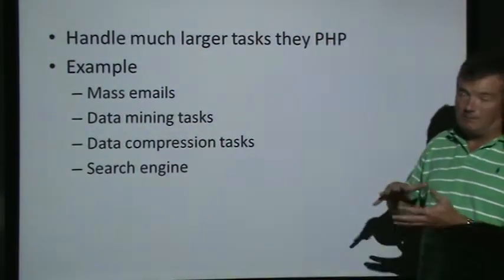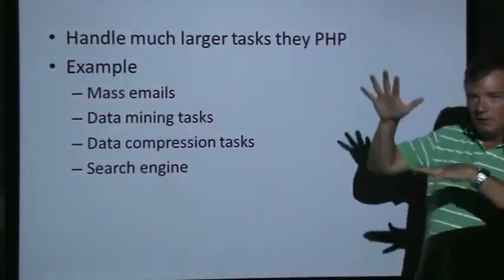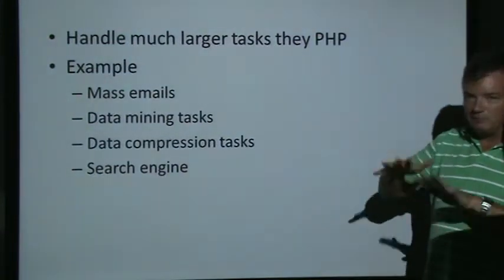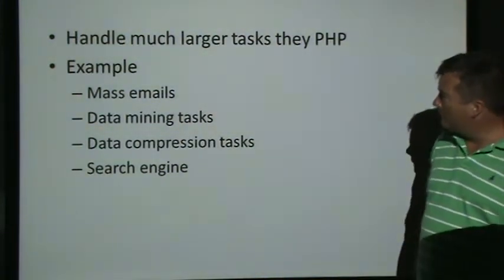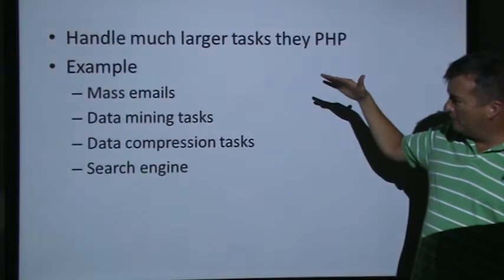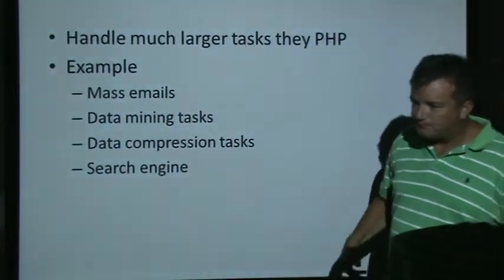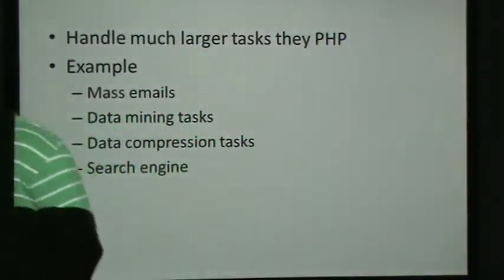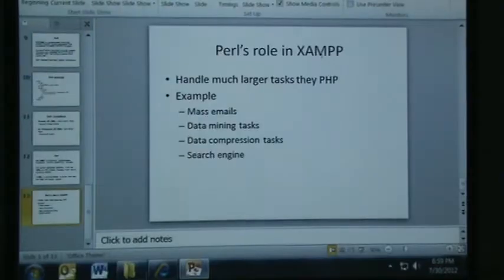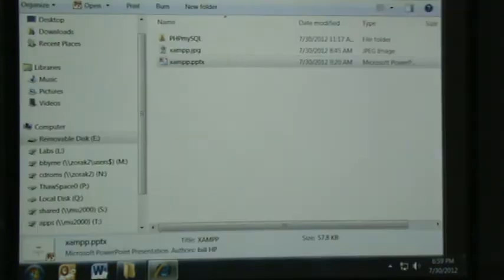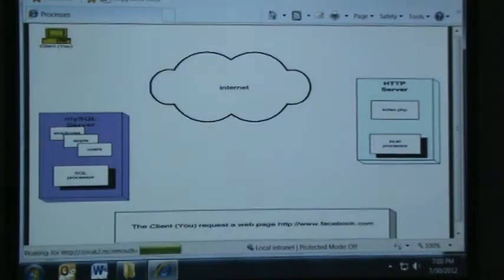That could be a task that maybe you do at the end of a day, where you go and get all the updates for that day and then process those. So that could be something you do in a Perl script, not just as a web page is being requested. So I just want to go over a diagram of how the processing of this works.